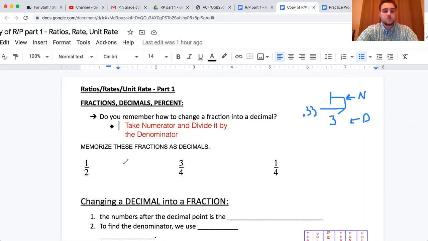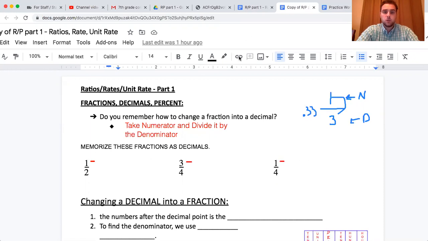Okay, let's go ahead and practice with these 3 problems. And like I said, at any point in time, if you need to pause and go over it again, that's okay. Just rewind it. This is posted out here so that we have more time during our Google Meet. So if we look at our 3 fractions we have 1/2, 3/4, and 1/4. So the red is going to be our numerator, so that top number.